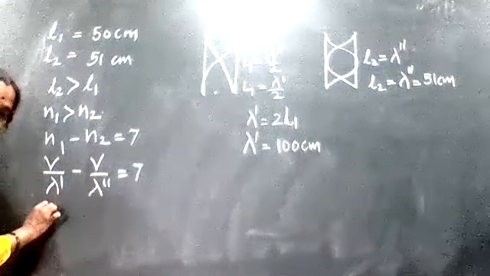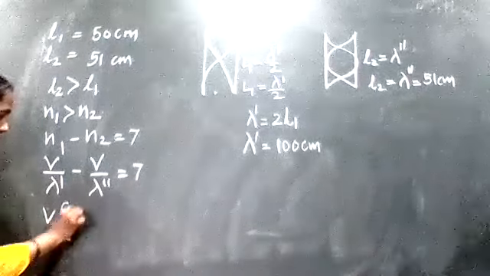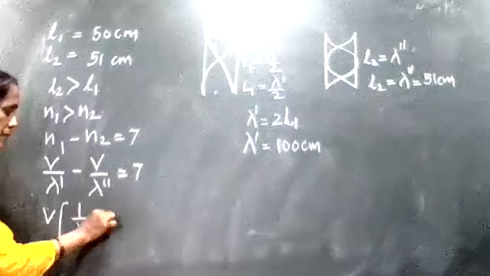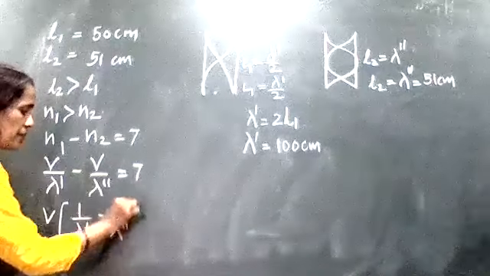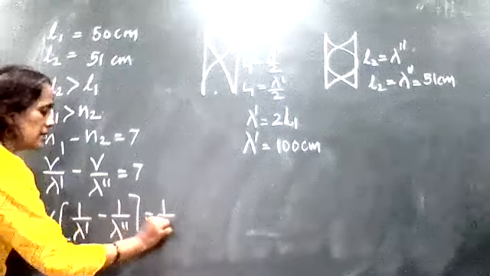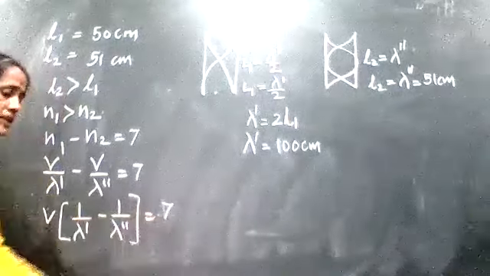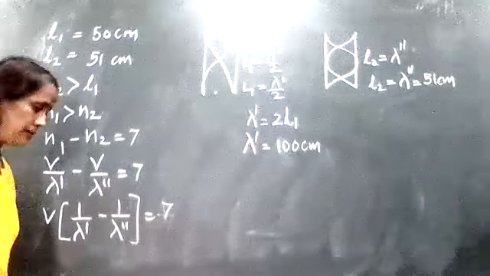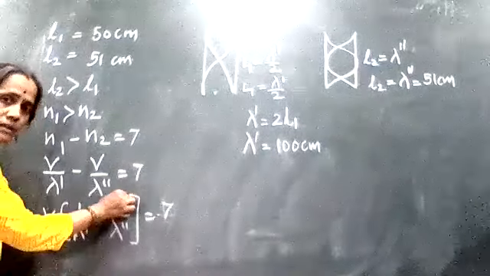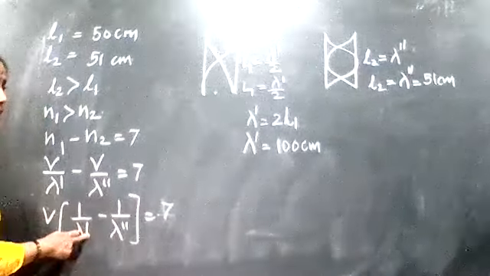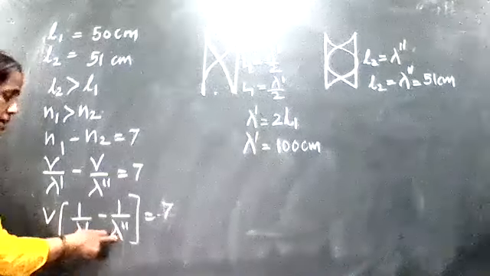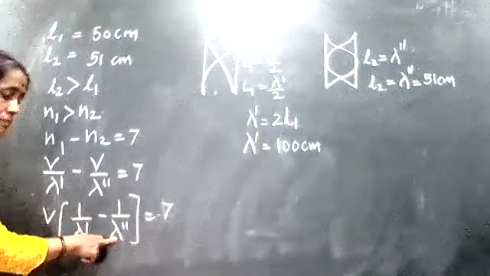So what is remaining now? I can take V common inside the bracket: 1 upon lambda dash minus 1 upon lambda double dash is equal to 7. Not 1 by 7, it is 7. Clear? And now we will solve this. Lambda dash is nothing but 100, lambda double dash is nothing but 51.